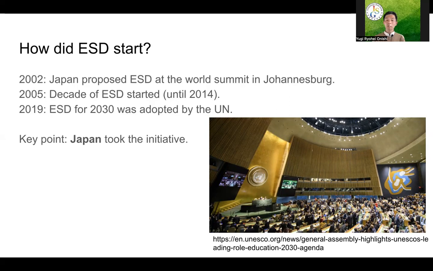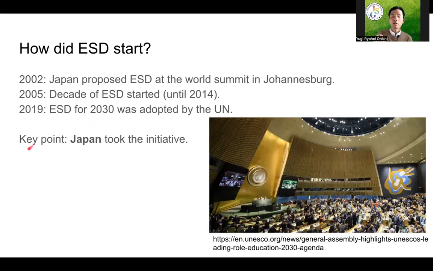So SDGs need ESD even after 2014. That's why ESD for 2030, in the future, for the future, was adopted. We need to continue ESD for 2030. 2030 is the ending year, the last year of SDGs. So ESD needs to continue for another 7 years.